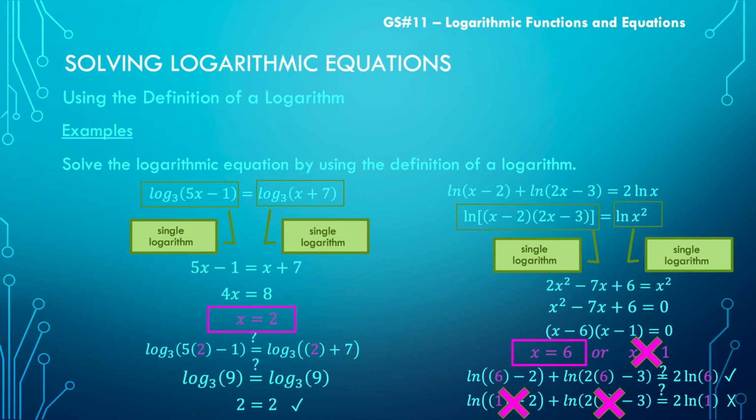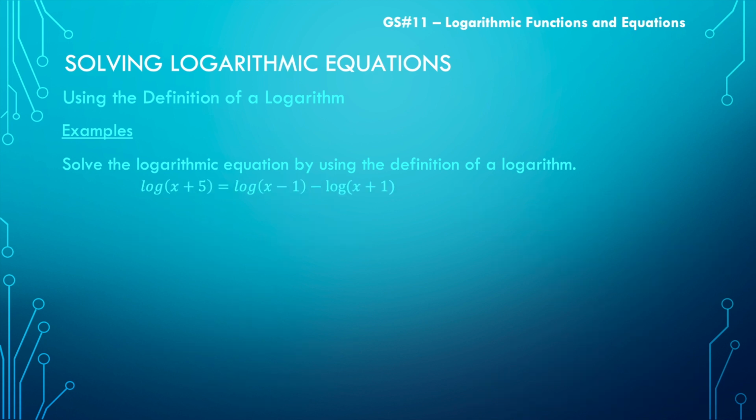Okay, we're going to do one more example. Here we go. Log of (x plus 5) is equal to the log of (x minus 1) minus the log of (x plus 1). Okay, so remember that we cannot drop the logs until we have this in the correct form. We've got to have a single log equal to a single log.